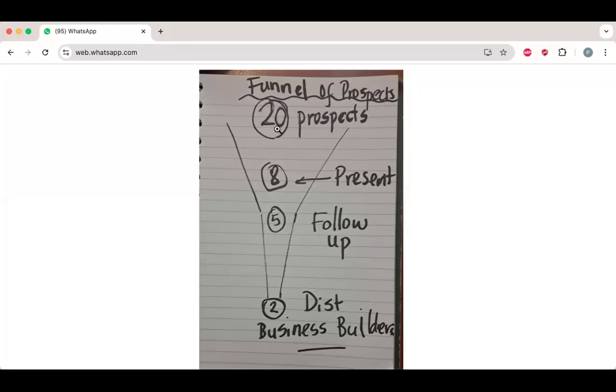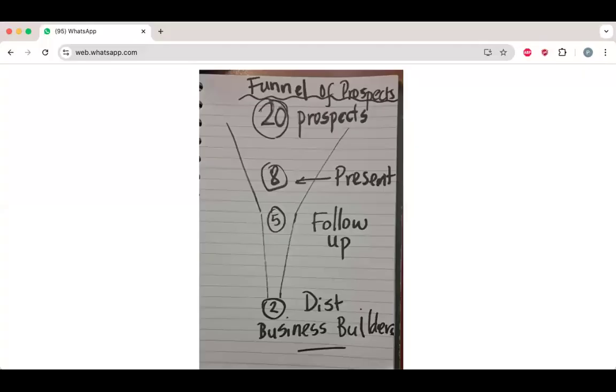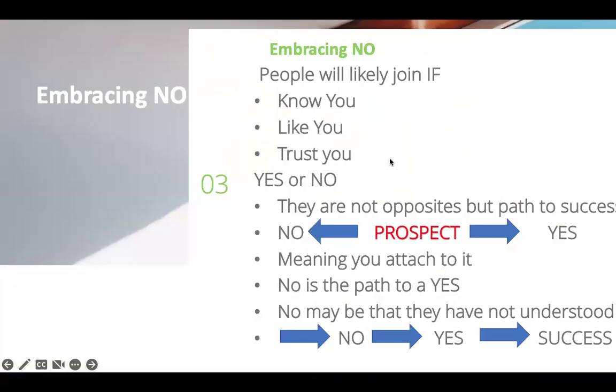When you talk to 20 prospects, 8 will actually express the willingness to look at the business. When you show them the business, 5 will respond to your follow-up process, 2 will make a decision and get started in the business. And that leads me to the next section of our presentation, and that is how to deal with no. How do you deal with no when you have people in the business?